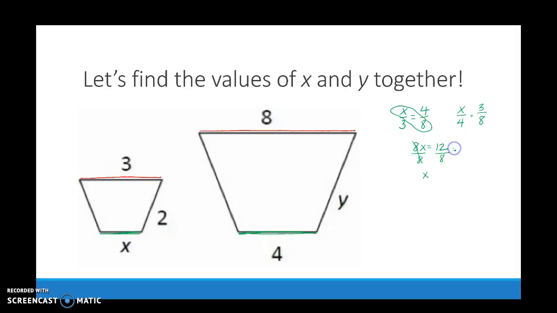Well, I know I can divide both of them by 4. So it simplifies to 3 over 2. And I know that 3 over 2 is the same as 1.5. So I'm going to go ahead and fill it in over here.